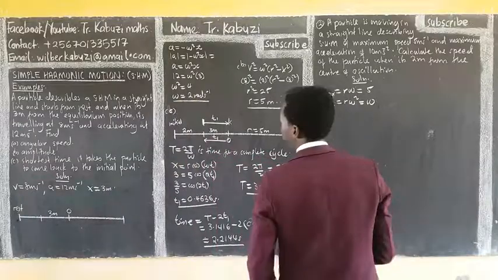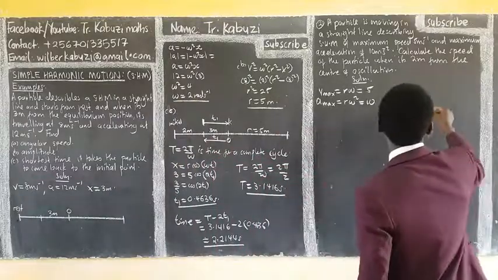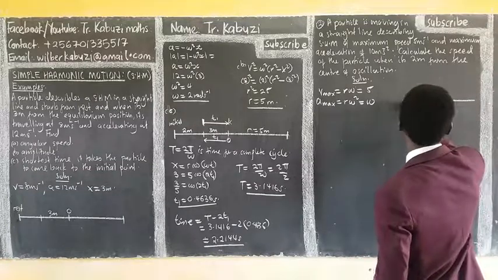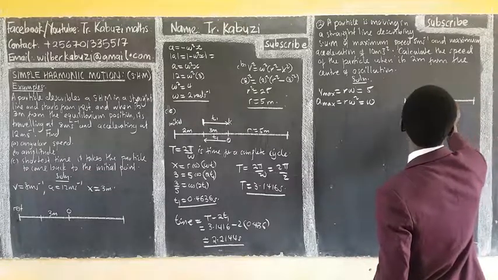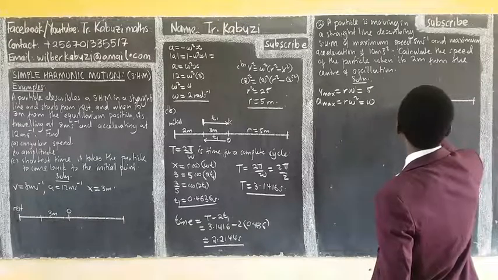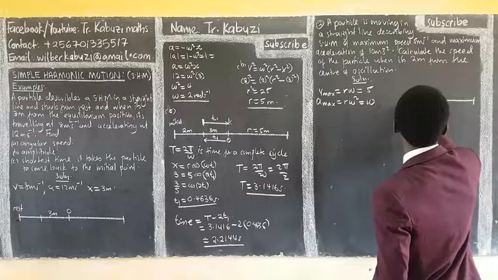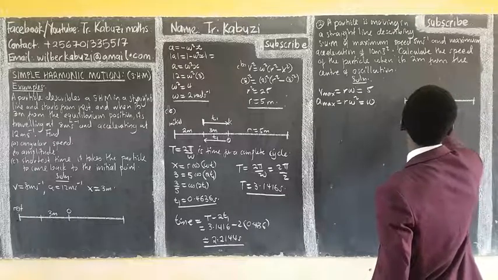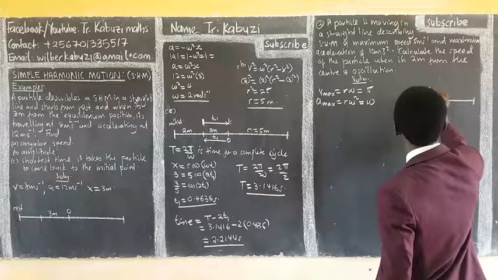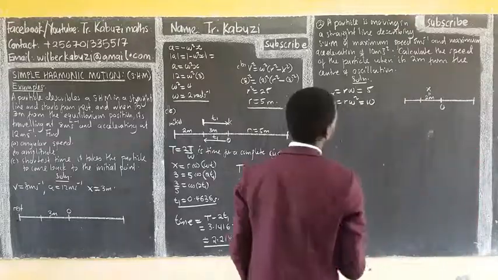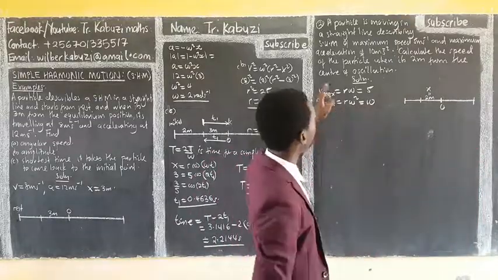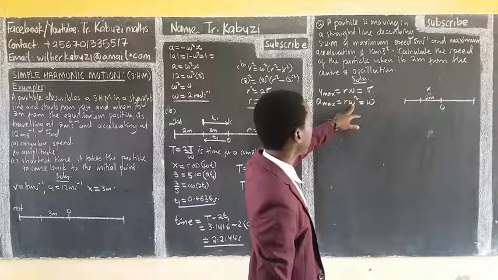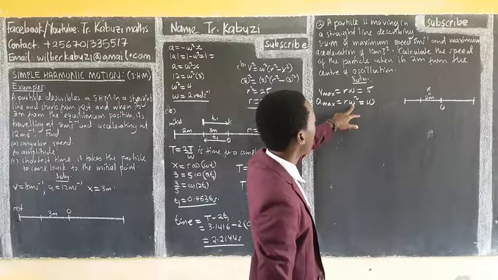Okay, if you have sketched that, this is the center of oscillation. When it's 2 meters from it, they are giving me this displacement here, x from there to here. So this one is going to be my x. First of all, to get velocity, we need the omega, or the angular speed.